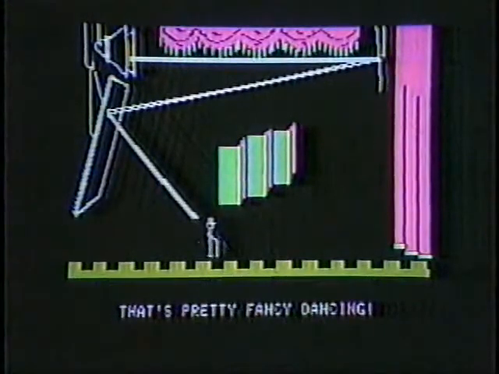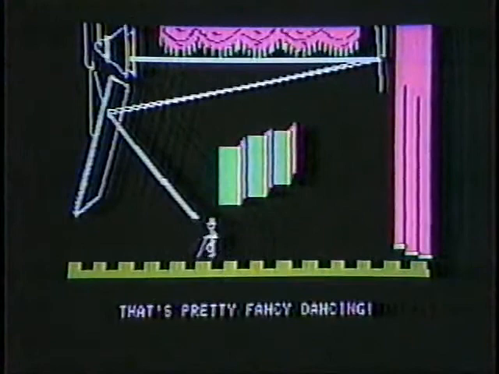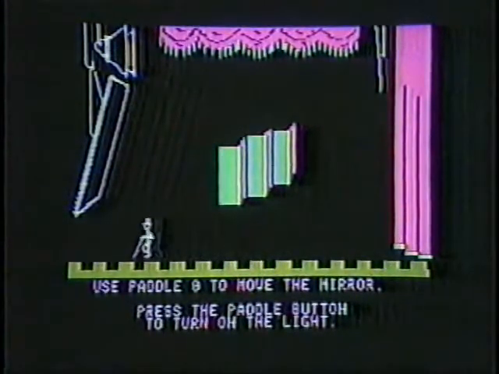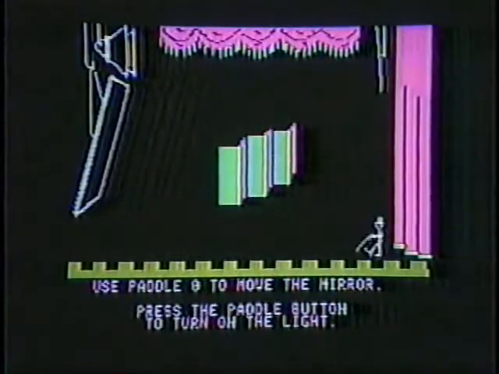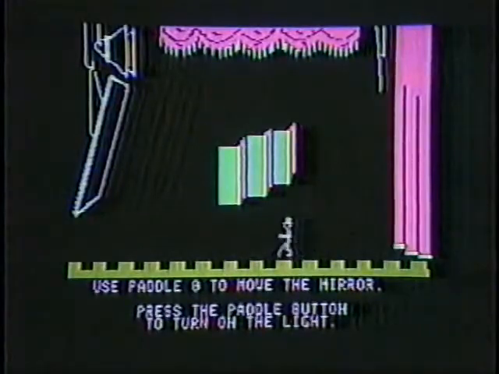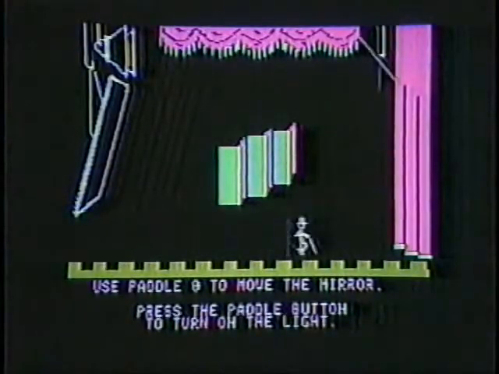We got him. So instead of firing missiles, I'm firing light and learning the angles at which light is reflected. That's it. And a teacher could build a simple lesson about the behavior of light using this game as a starting point. And that's just one example of an arcade game technique being used educationally.